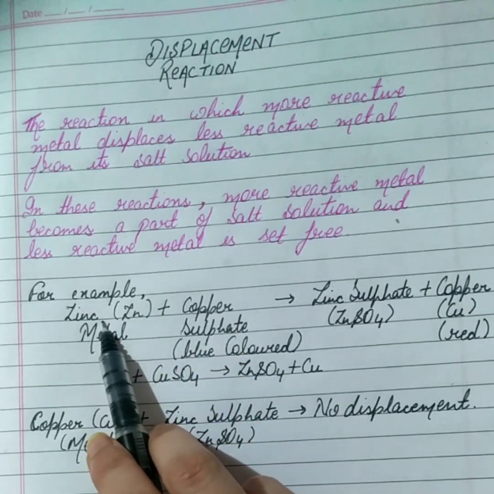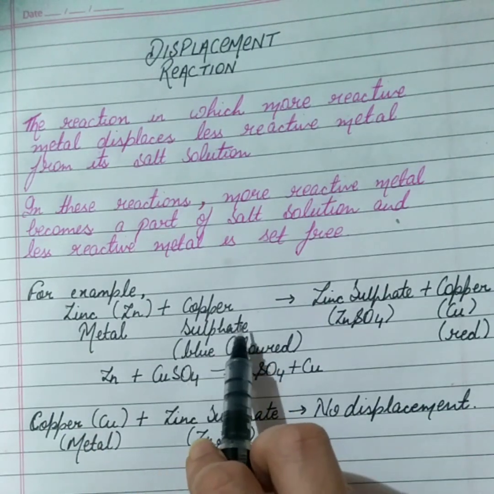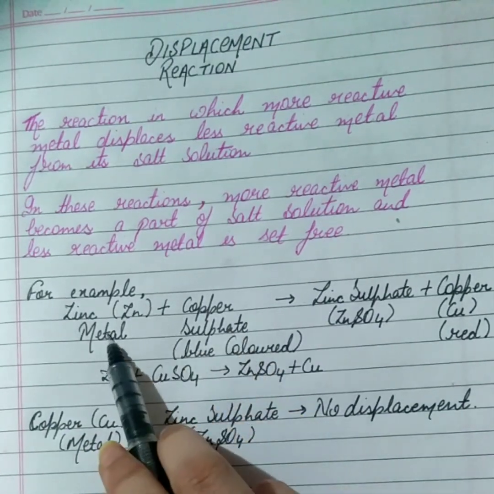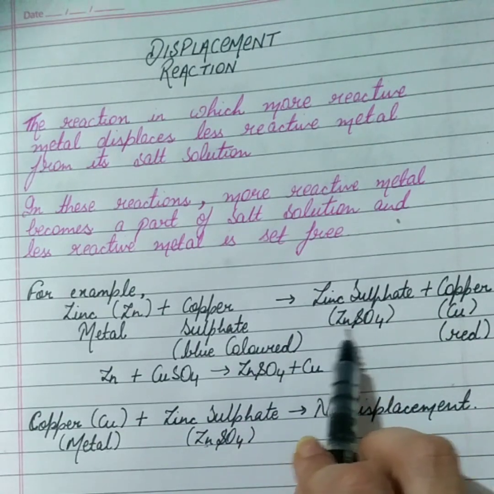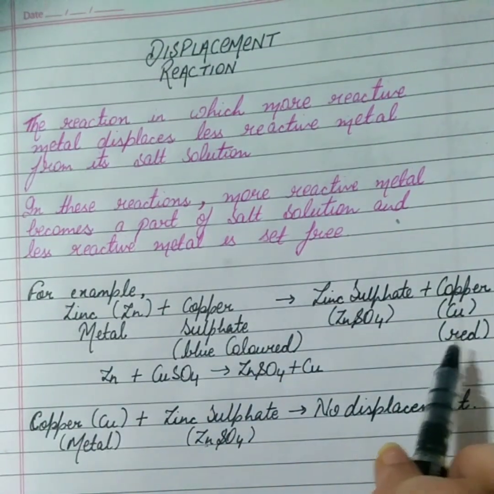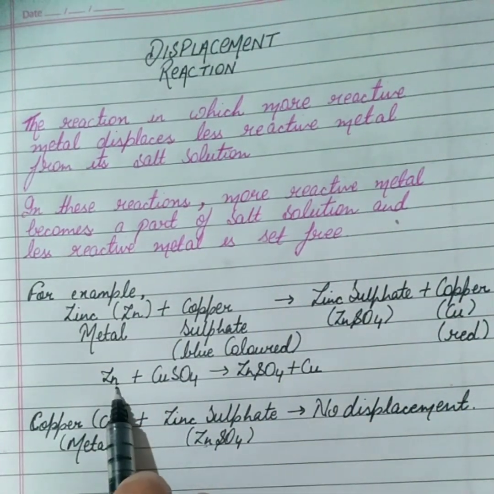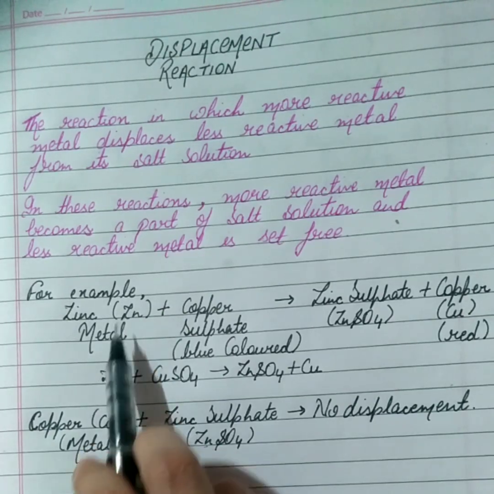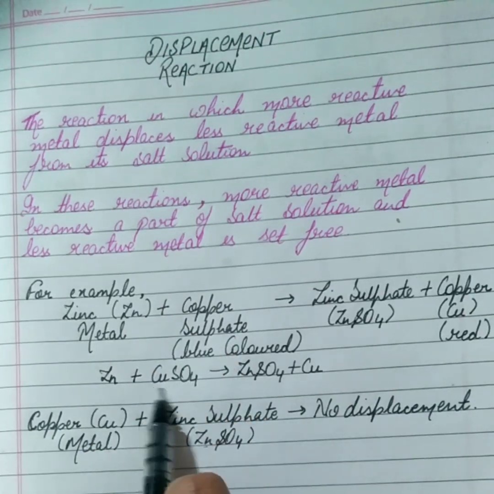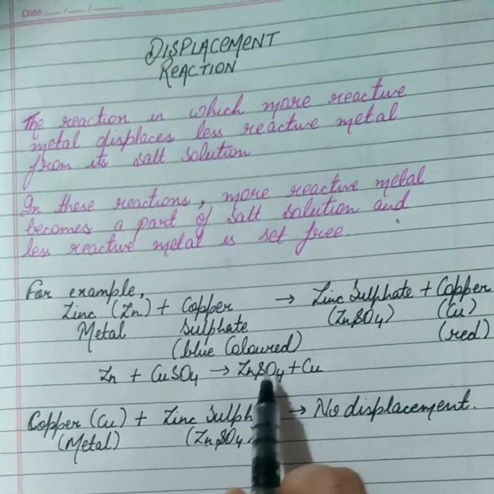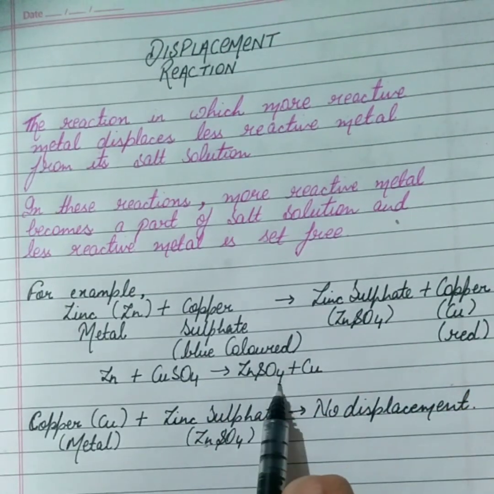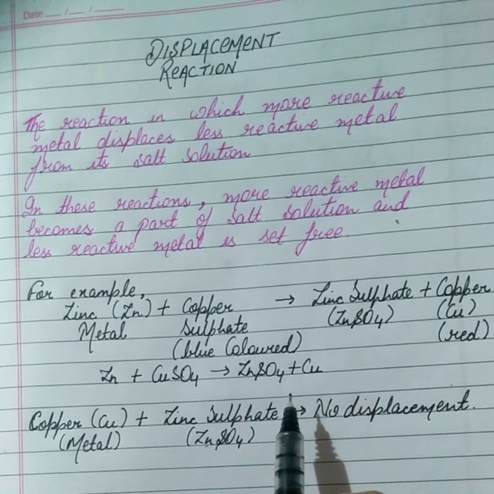So what will happen? Zinc will displace the copper from the sulfate solution and will lead to the formation of zinc sulfate and copper. This reaction can be written in this particular manner: Zn, that is zinc, plus copper sulfate, which is CuSO4, leads to the formation of zinc sulfate, ZnSO4, and copper.